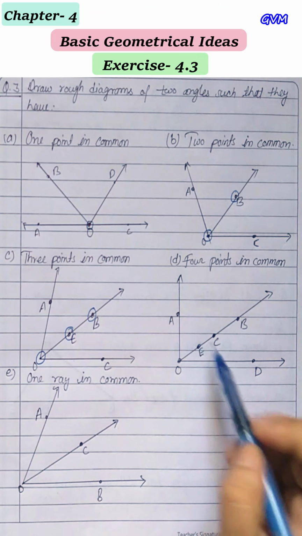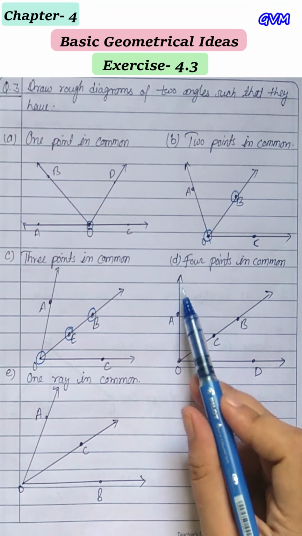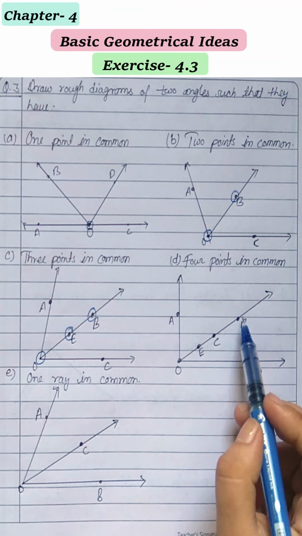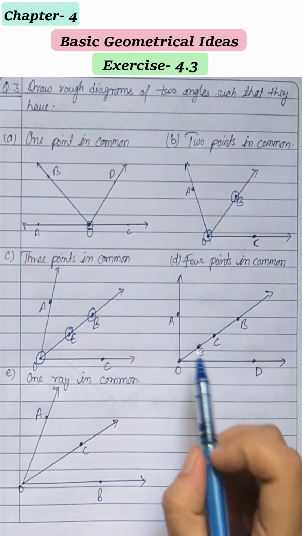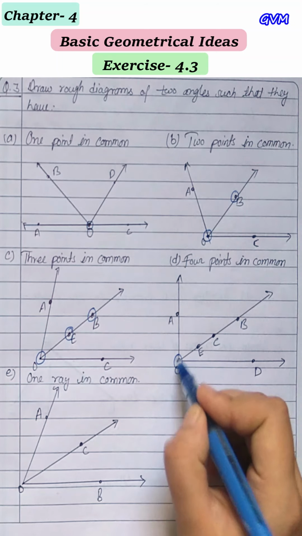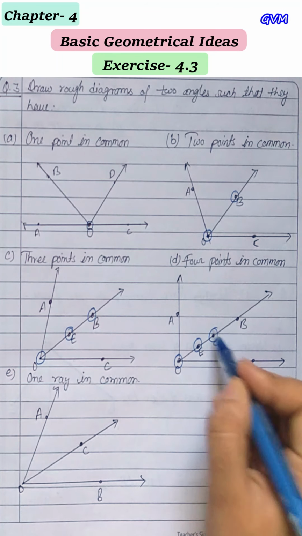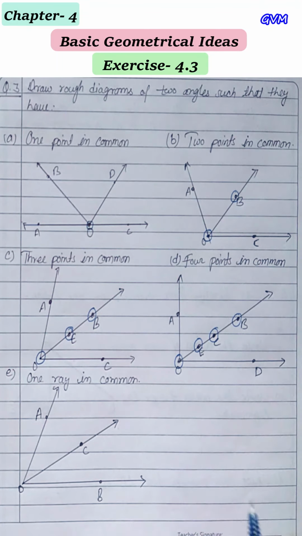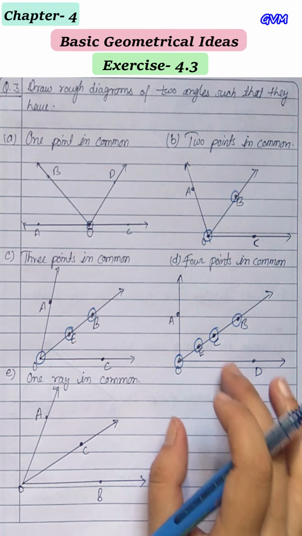Here we have angle AOB and angle BOD. These are two angles, and here we can see that O, E, C and B are the 4 points in common in these two angles.